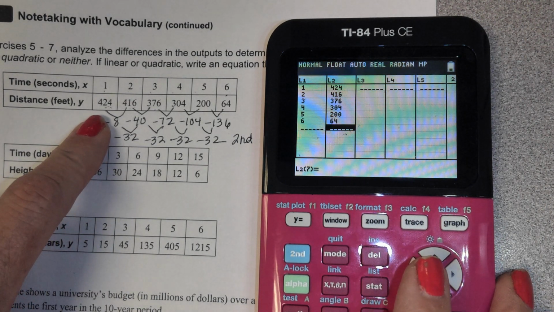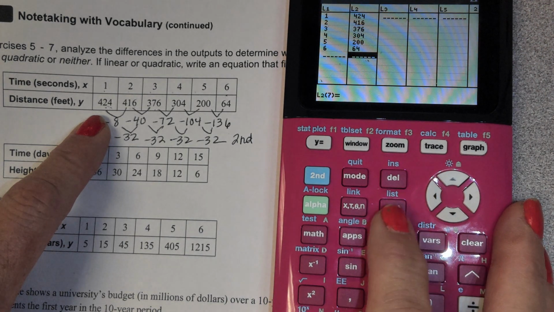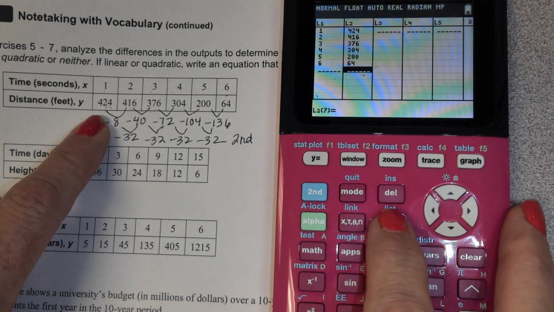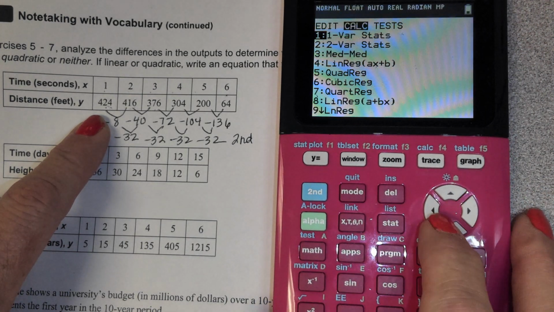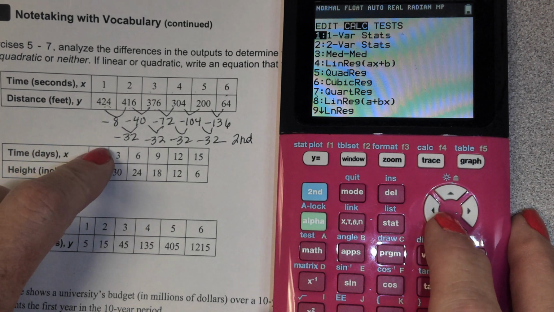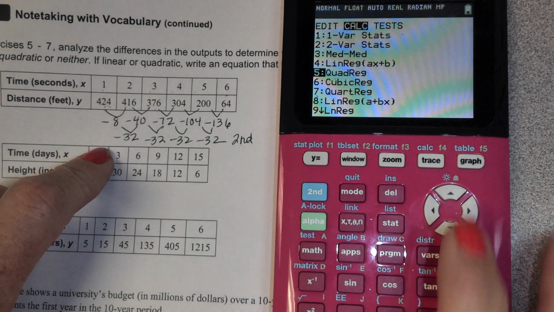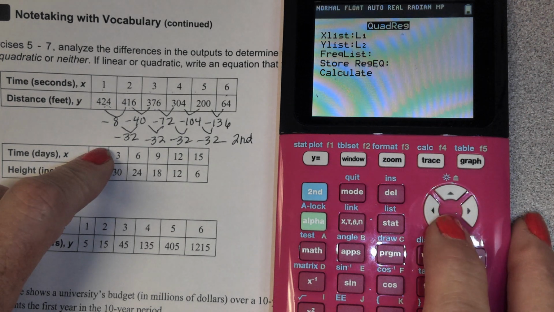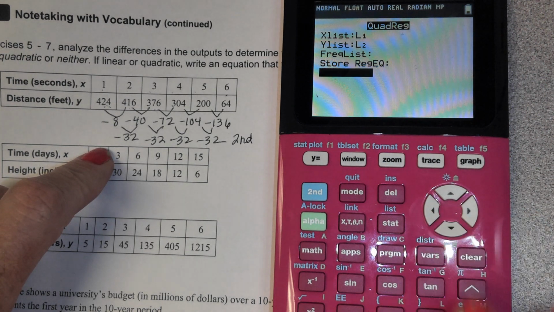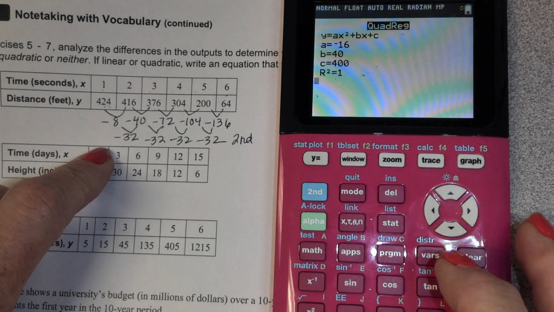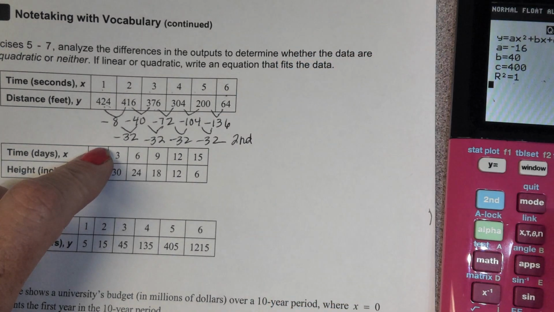I like to see the points. You do not have to see the points to do this though. Okay? I don't have to see the points. I could right now just go to Stat, Calculate. Which one did we say this is? Quadratic. Go to Quadratic. Go down here to Calculate. I'm showing just the very basic that you need to do.